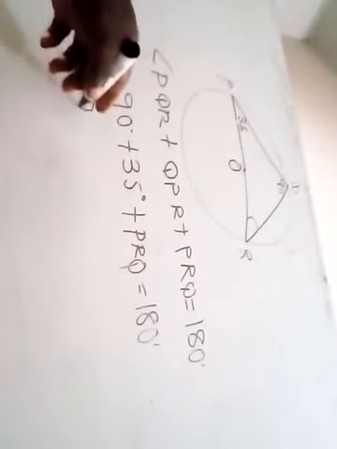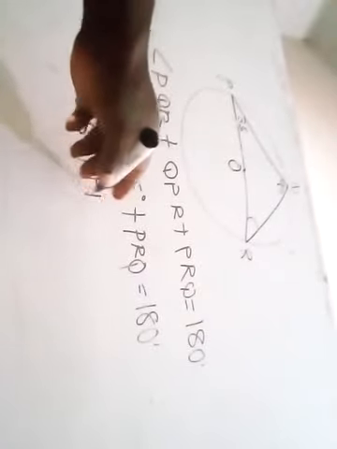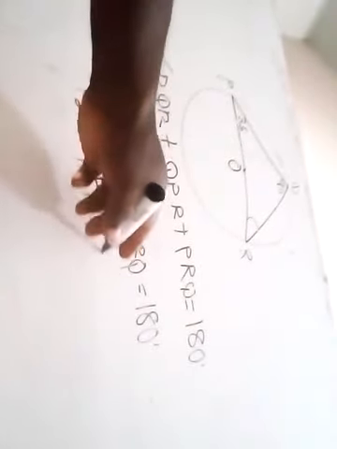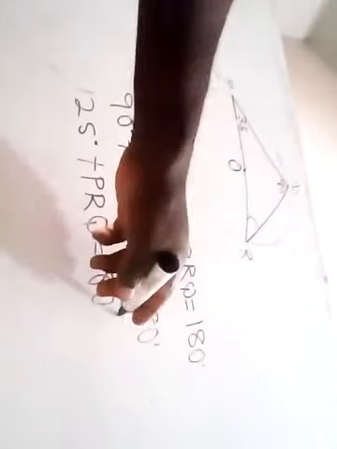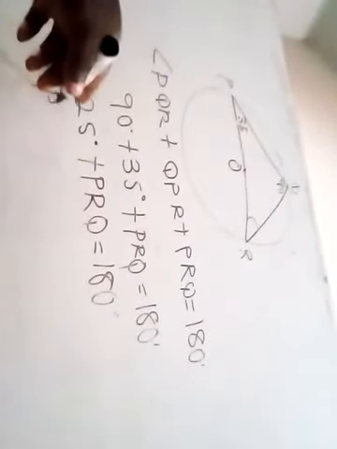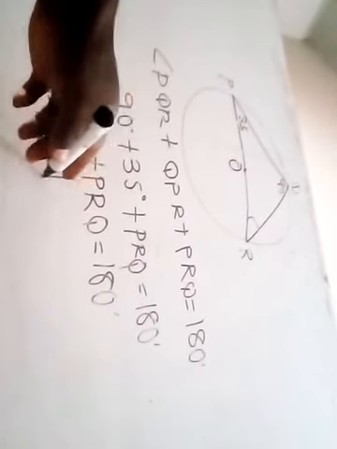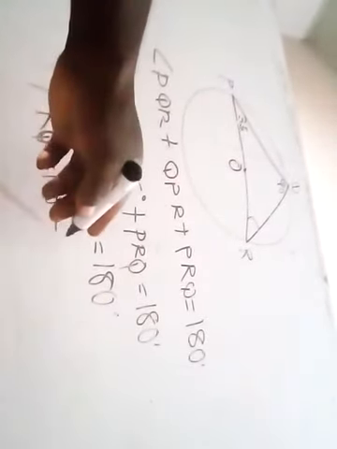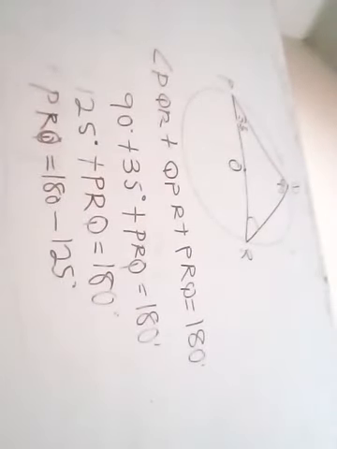So 125 degrees plus PRQ is equal to 180 degrees. Now we have added, so we are going to subtract. So PRQ is equal to 180 degrees minus 125 degrees, which will give us 55 degrees.